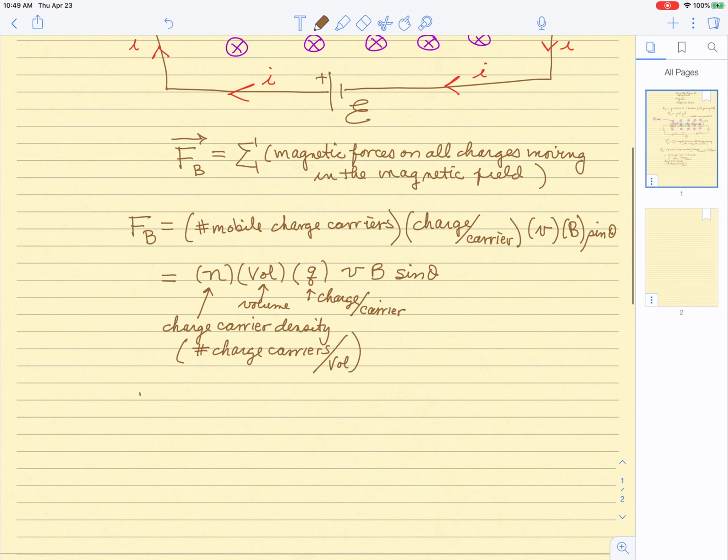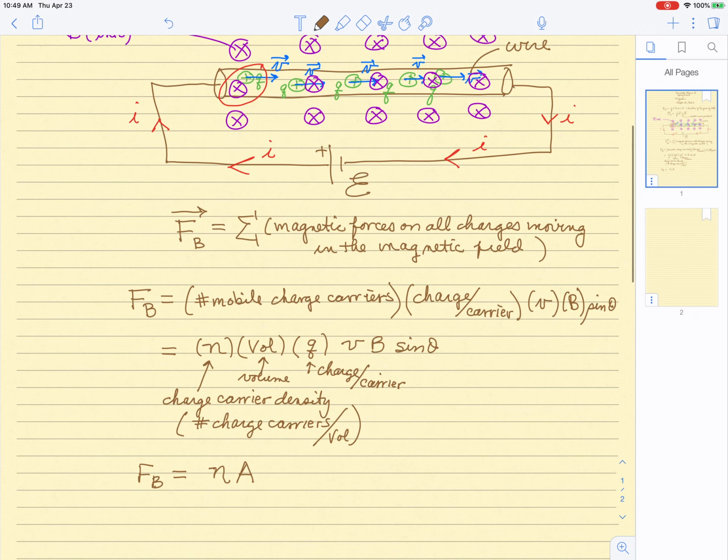So then the total magnetic force is going to be equal to the charge carrier density times the volume, which is going to be the cross-sectional area. So if we go back up to this diagram, we'll have a cross-sectional area.